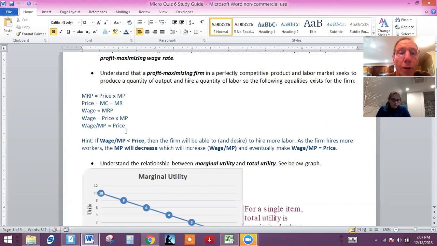So the way to think about this is that if the baker was earning $10 an hour and was able to bake 2 loaves of bread per hour, that's 10 over 2. So a bakery would sell the loaves of bread for $5 per loaf. That's how that would work. So the marginal product is actually the real wage.